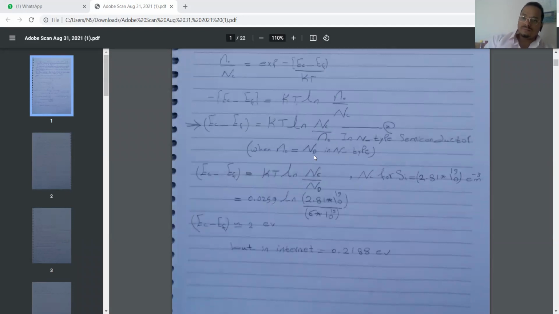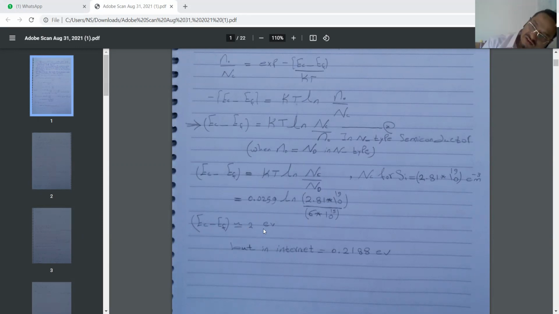In n-type doping, this is an important point: the concentration of electrons directly equals the concentration of donors. That means it will be divided by the concentration of donors, which equals 6 × 10^15. Here I calculated this equation, and the result I found was 2 electron volts.